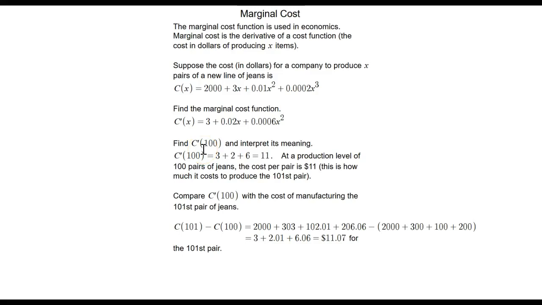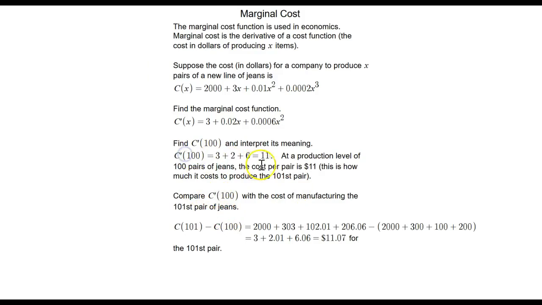If I find C prime of 100, the marginal cost at a production level of 100, and I evaluate this function at 100, it evaluates to 11. So this is giving me how much it costs to produce the 101st pair.